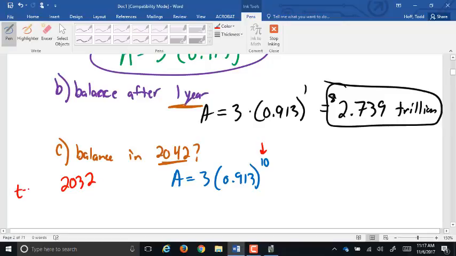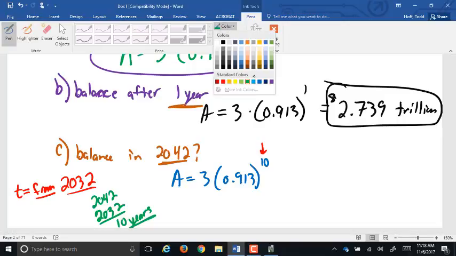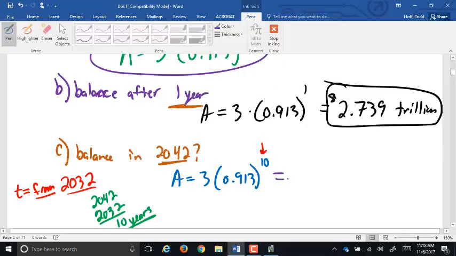Yeah, t is starting from 2032. So to get the balance at year 2042, we had to subtract. 2042 minus 2032 is 10 years.